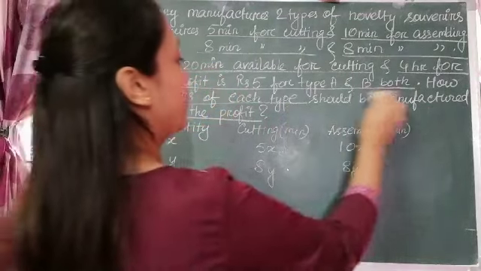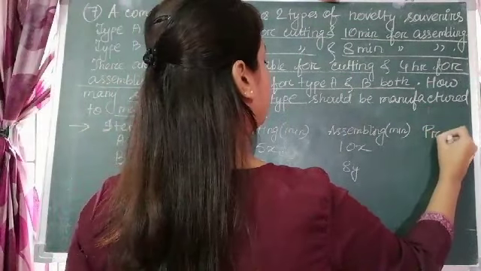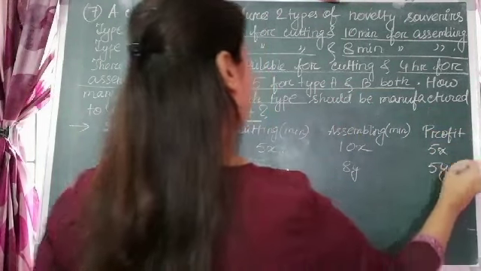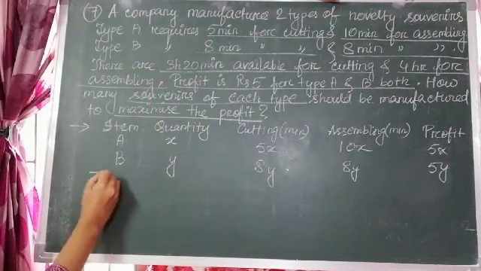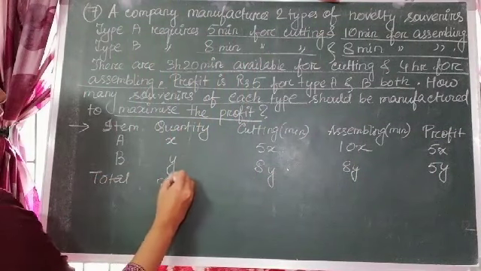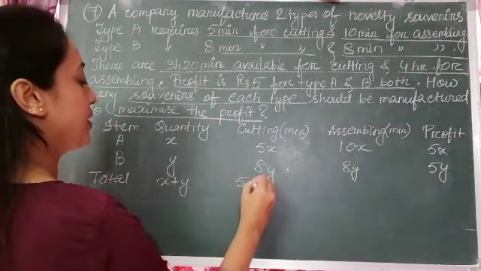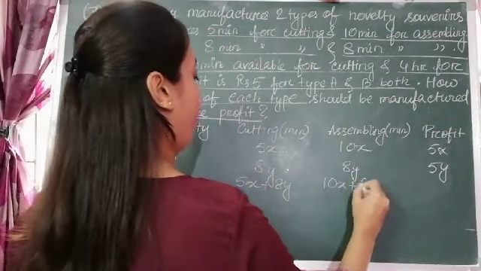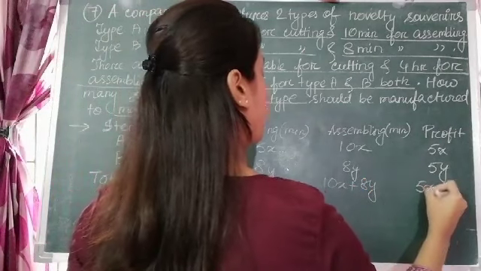Profit is given as rupees 5 for both. So profit equals 5x plus 5y. So total: x plus y, 5x plus 8y, 10x plus 8y, 5x plus 5y.